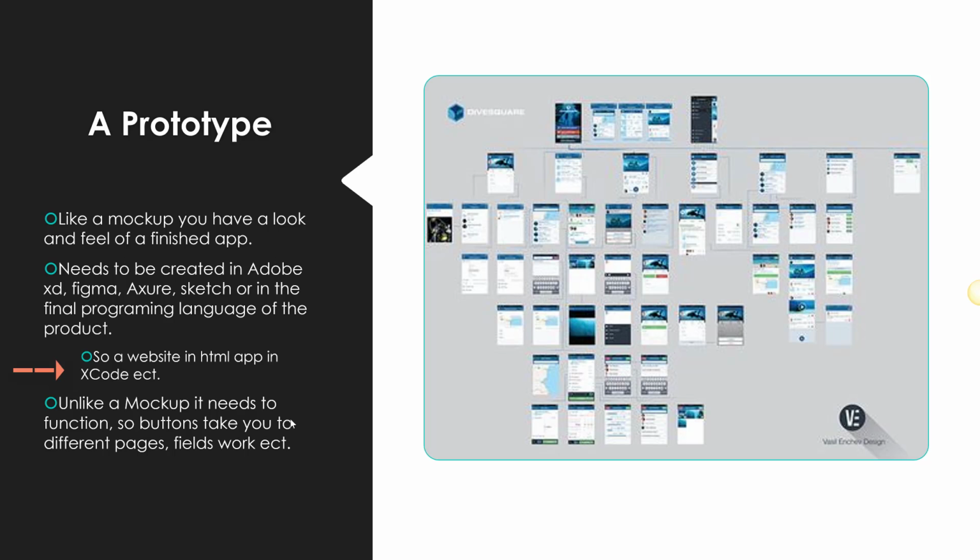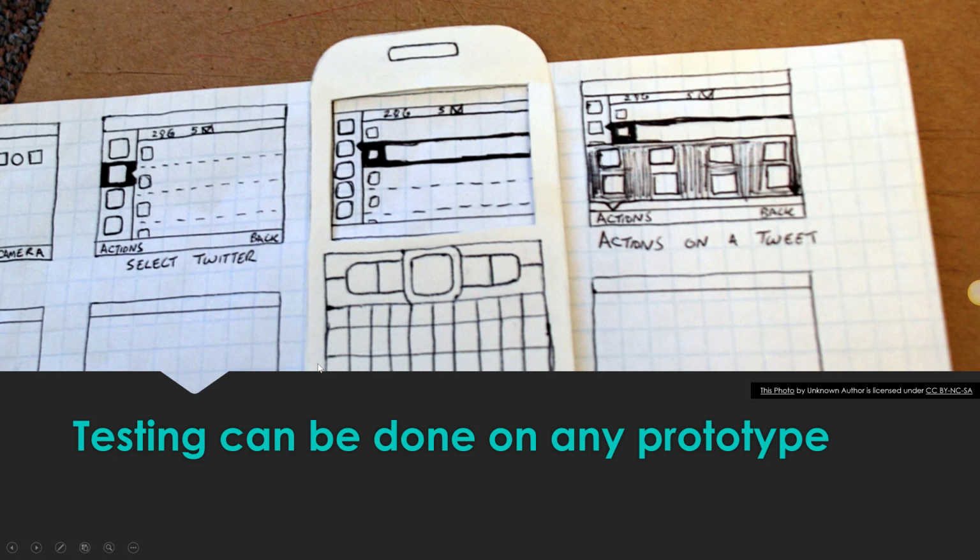If you're making an app for a phone and you're super good at Xcode, you use Xcode. Unlike a mockup, the big thing about prototypes is that they are functional, so buttons take you to different pages, fields work, and videos play.